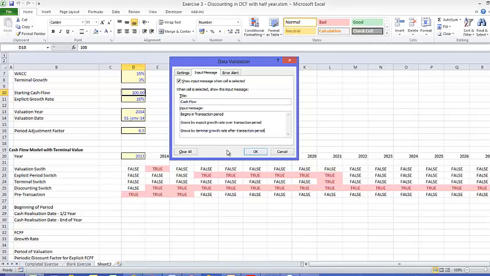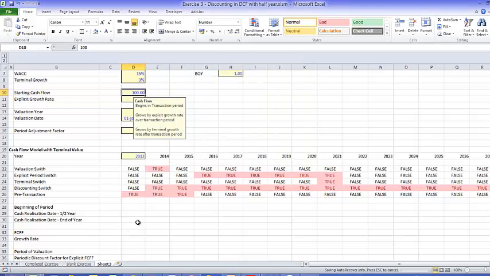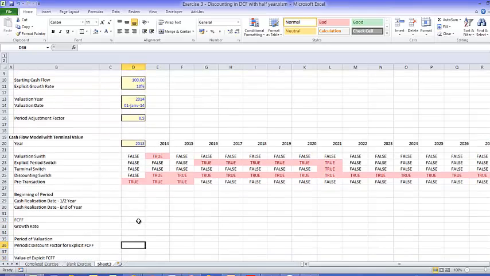Okay. All right, so let's compute our free cash flow, and then we'll verify that growth rate.